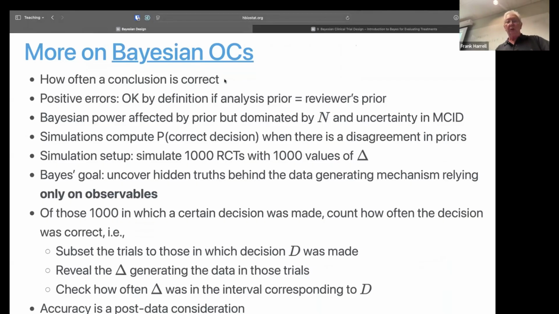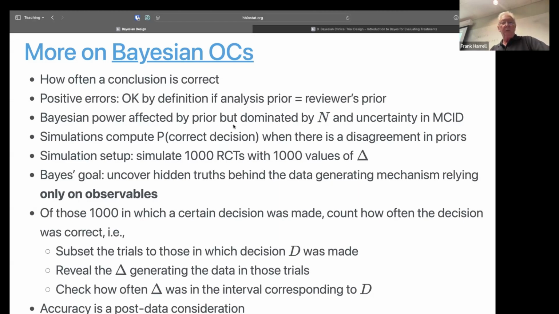So if those two priors agree with each other, then your probability of being wrong is 0.03 if the probability of efficacy is 0.97.